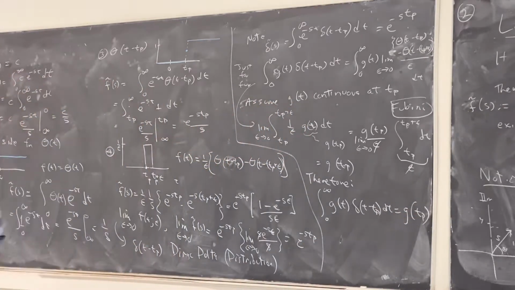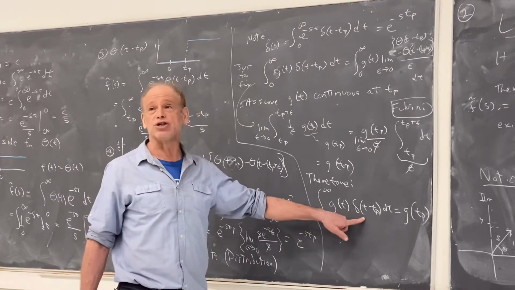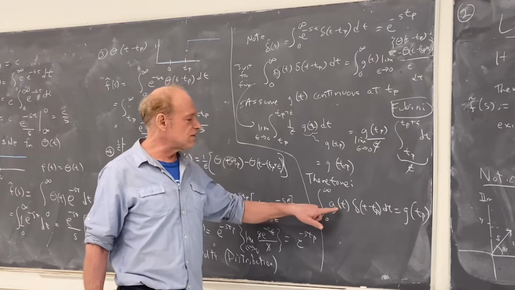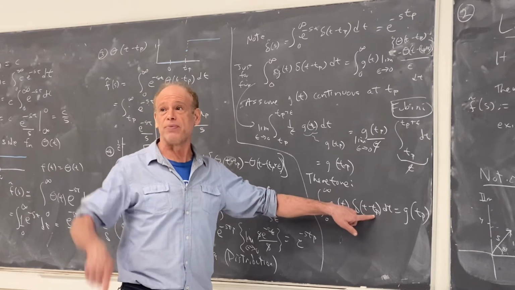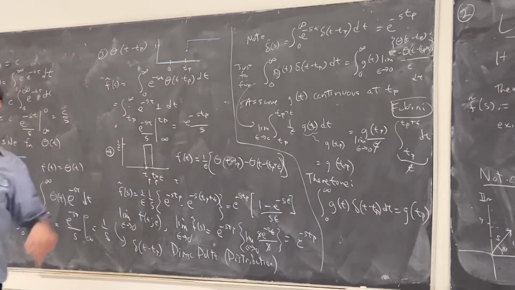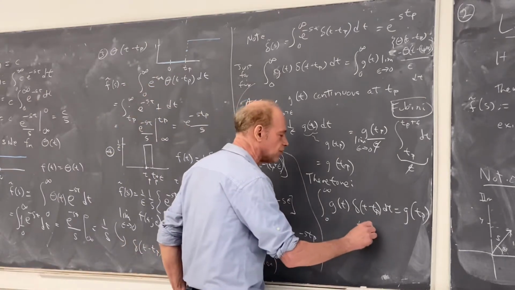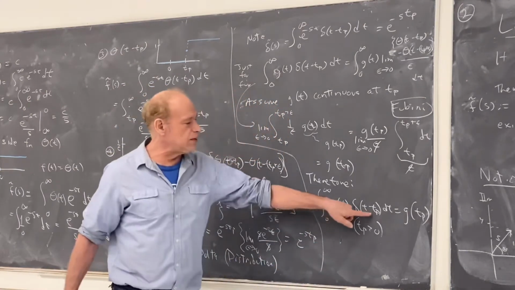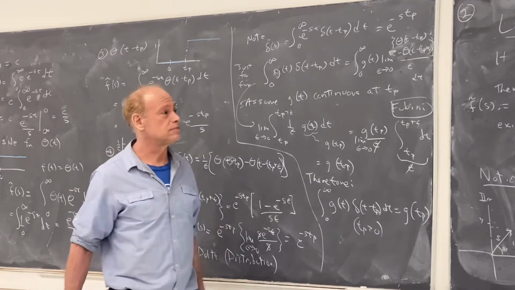In other words, when I integrate any function g of t, as long as it's continuous, times a Dirac delta, I just get the function back at the point where the impulse of the Dirac delta is. I pick out one point of the function. Now, of course, this only works if tp is greater than 0, as long as tp is in the domain of the integral.